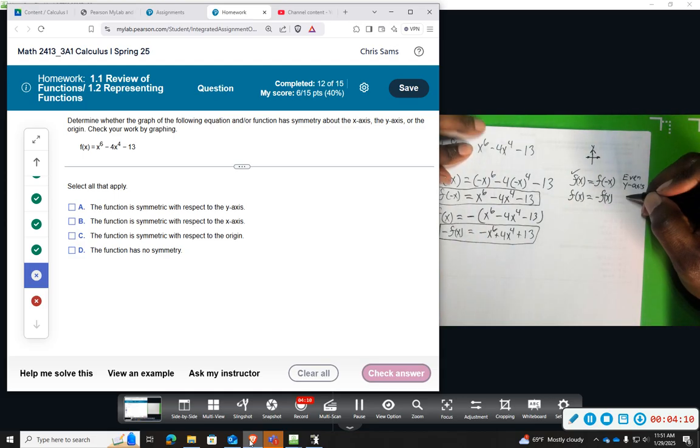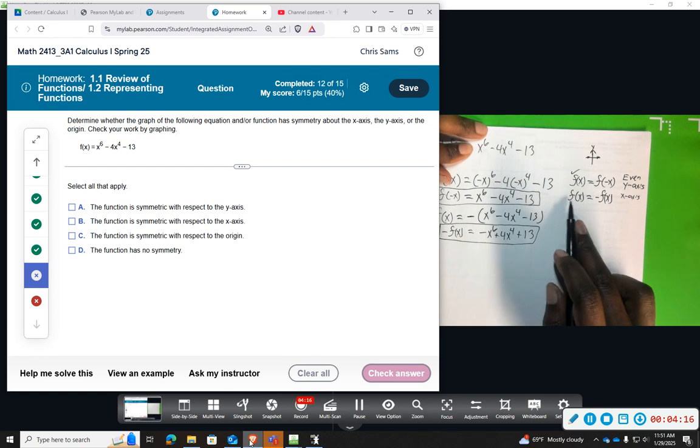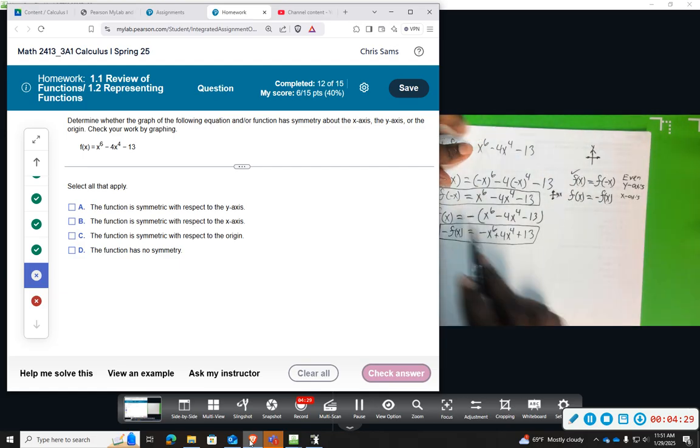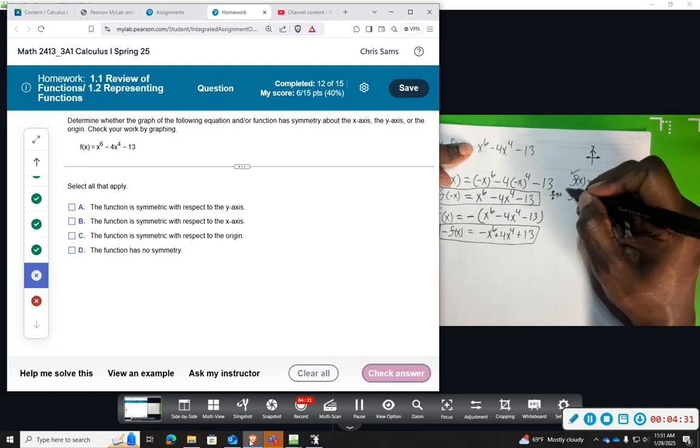This refers to x-axis symmetry. Think about f of x as the y value. If you had a graph with a positive y value and it flipped to negative, it went across the x-axis. Those don't match, so we do not have x-axis symmetry.